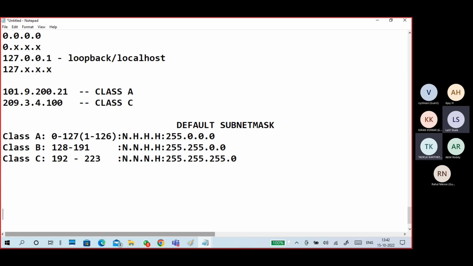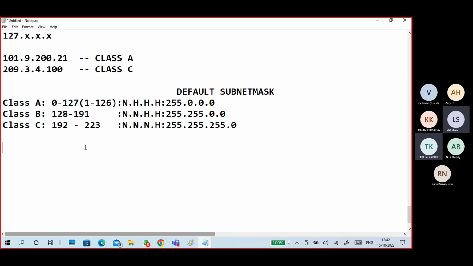You can represent your subnet in slash notation, which is also called a prefix. Don't go into that much, guys.